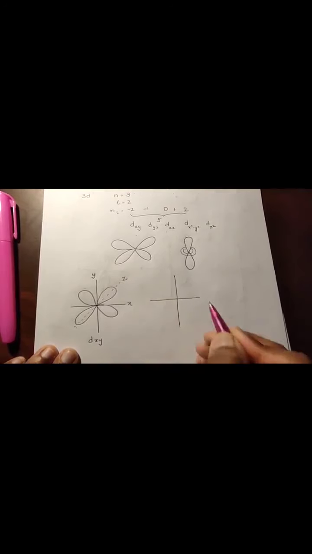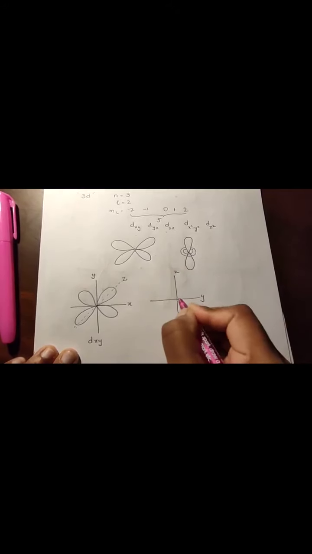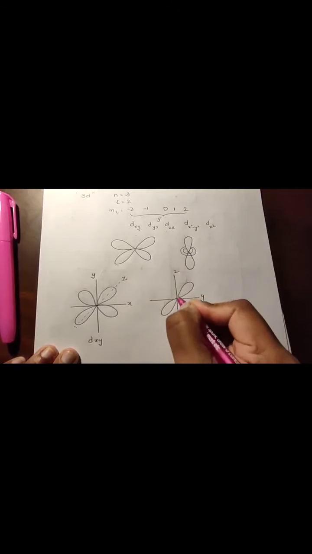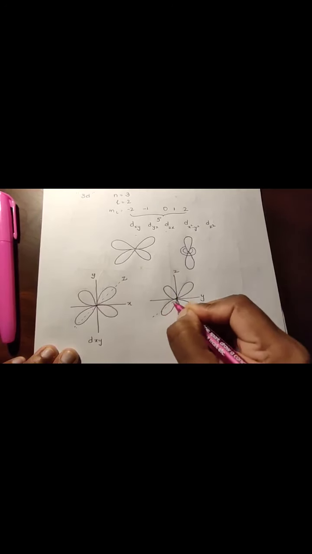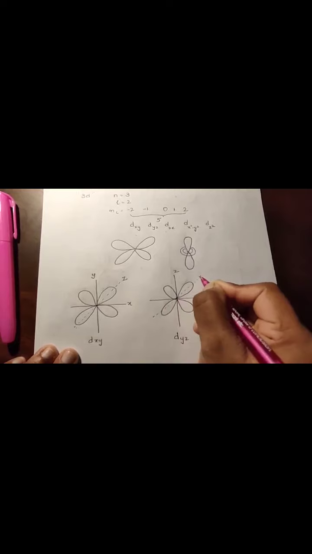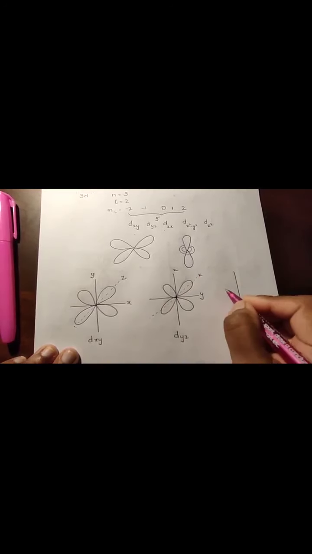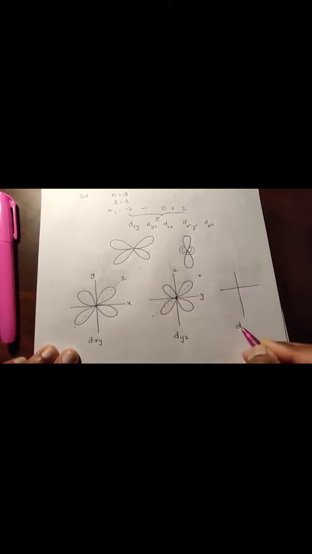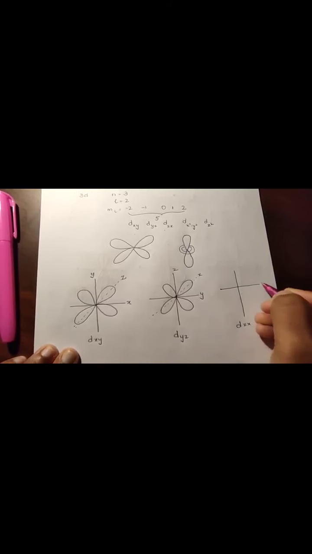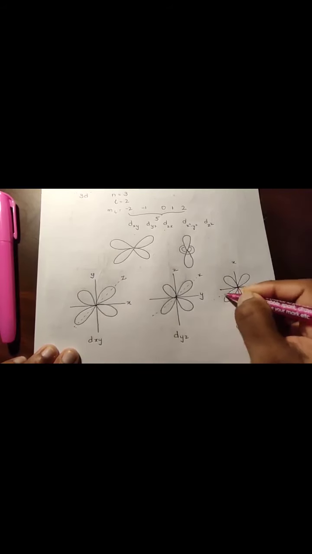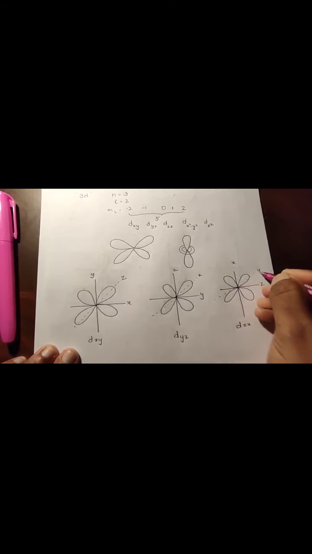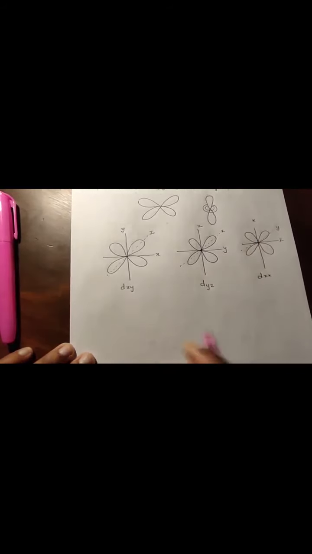Similarly, for dyz, y-axis, z-axis, the electron cloud will be oriented non-axially between these two axes, and perpendicular to these two axes there is x-axis. If we consider dzx, z-axis, x-axis, orbitals will be oriented non-axially, and perpendicular to this the y-axis will be present.